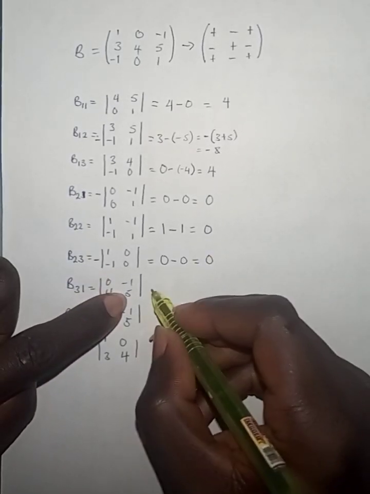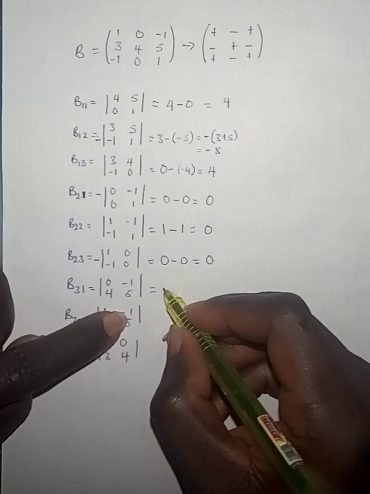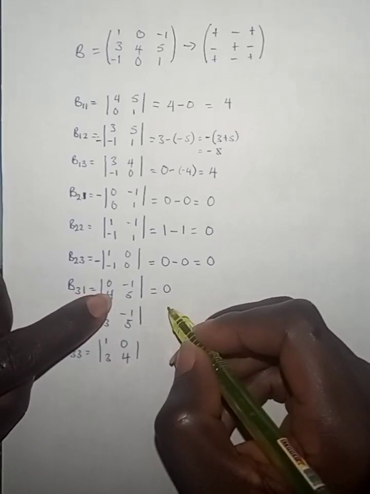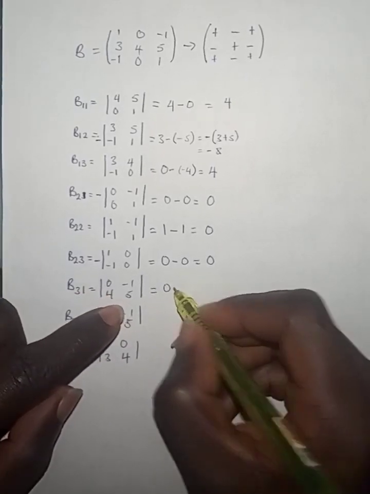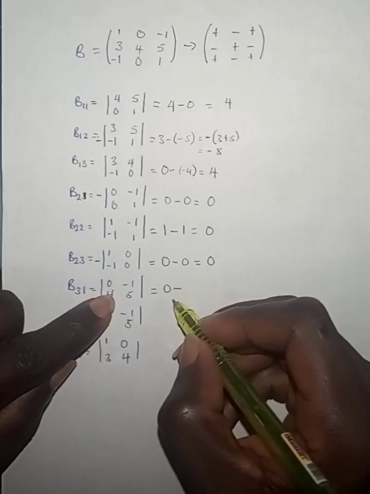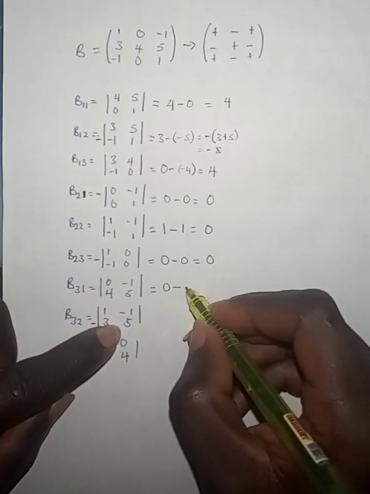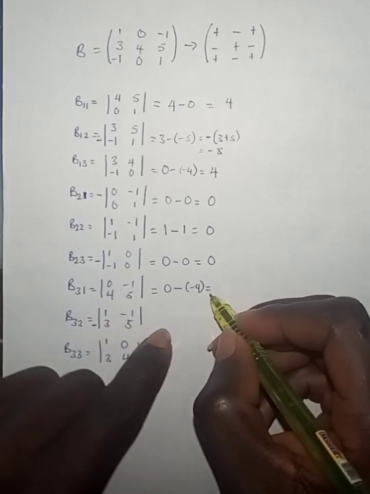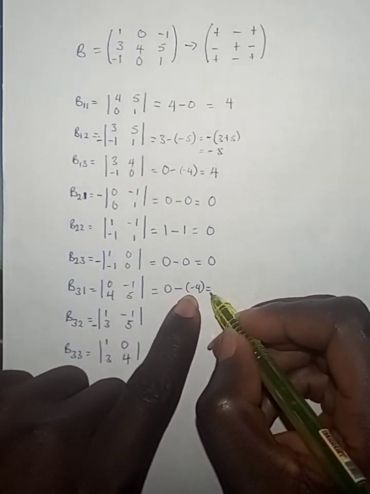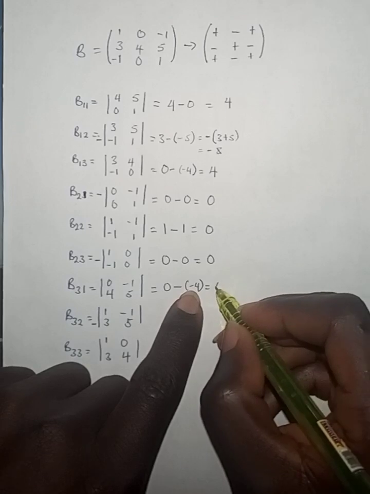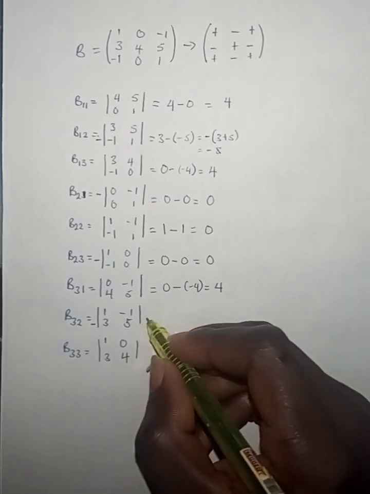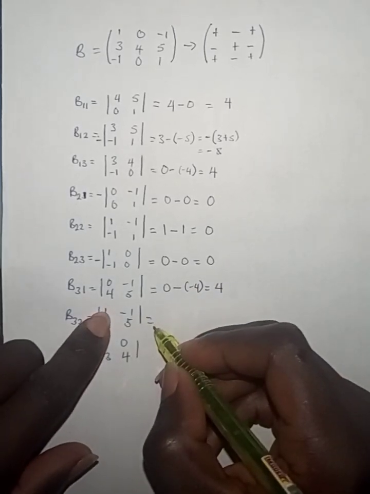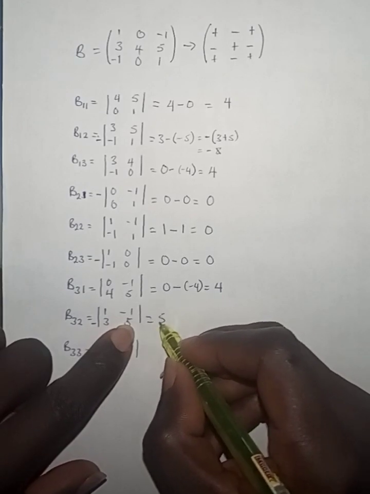0 times 5 is 0. 4 times minus 1 is minus 4. Minus times minus, which is plus, and we have 4. 1 times 5 is 5.